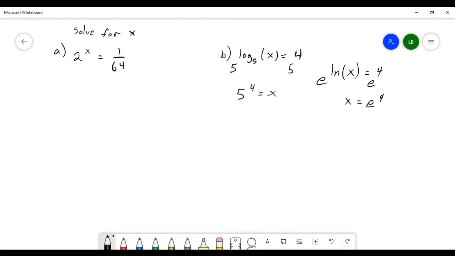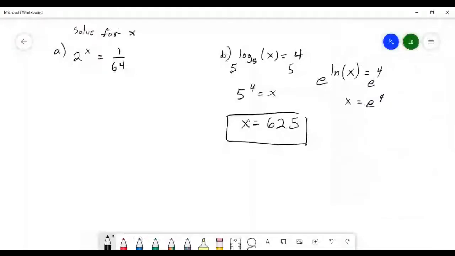The 5 and log base 5 cancel out, so we're left with x equals 5 to the 4th. 5 to the 4th is 625. Yeah, neat stuff, huh? All right, did you get part A?